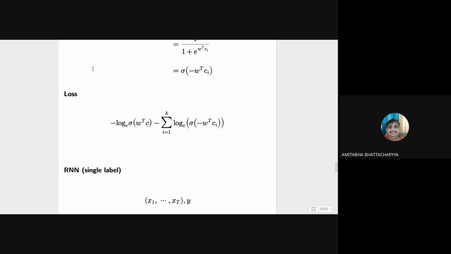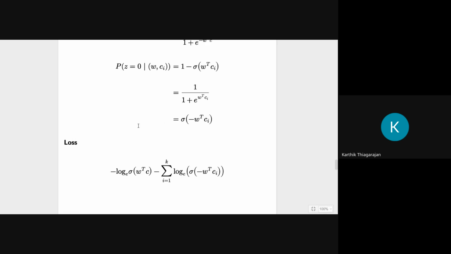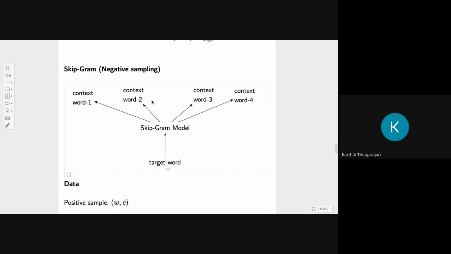For example, if you consider a two-word context window, each of these will make up one W, C pair. There are 4 positive pairs that will come from this W, C, so on and so forth. I hope you get that.